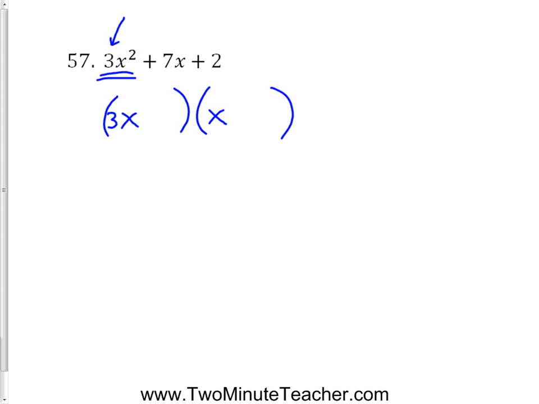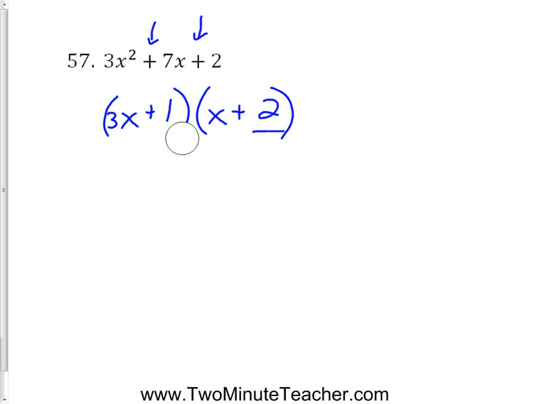All right, that'll give me my 3x squared. And now I'm going to figure out something that will multiply to 2. But I can't do the other little trick where you go, do you multiply to 2 and add to 7? That won't work in this case. So I got to say, all right, they'll multiply to 2. Well, that's got to be 2 times 1. And since thankfully there's only positives in the problem, it must be plus.